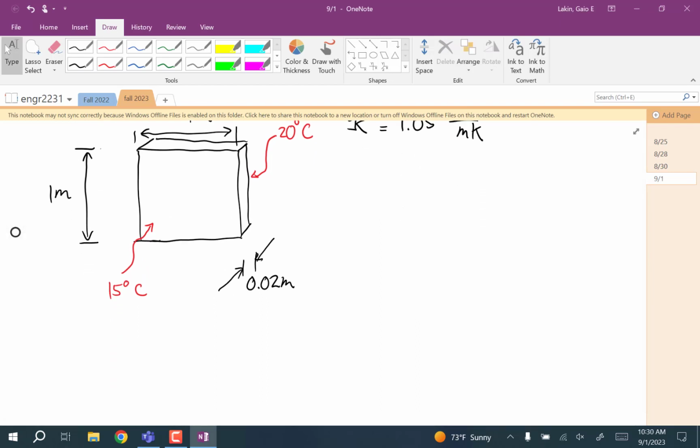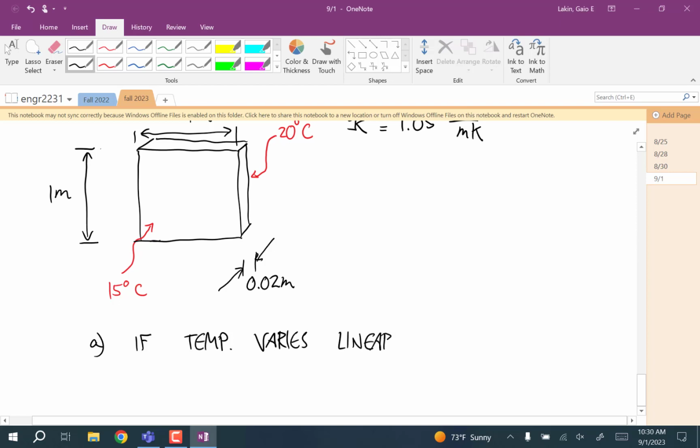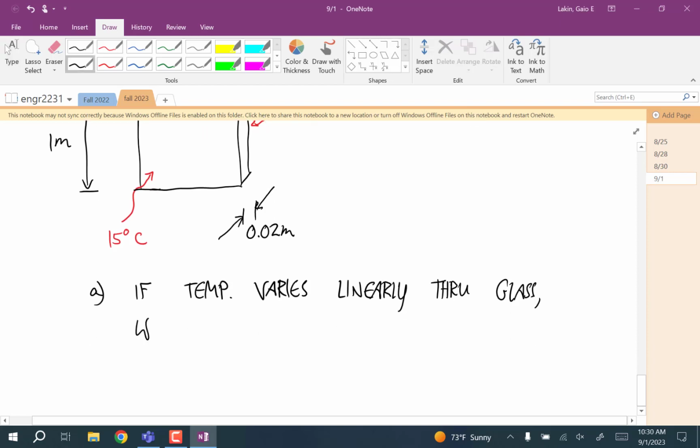Okay, so first, if the temperature varies linearly through the glass, what's the rate of heat transfer? So that's just going to be using the conduction equation.